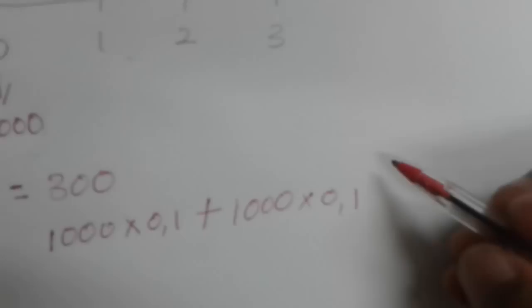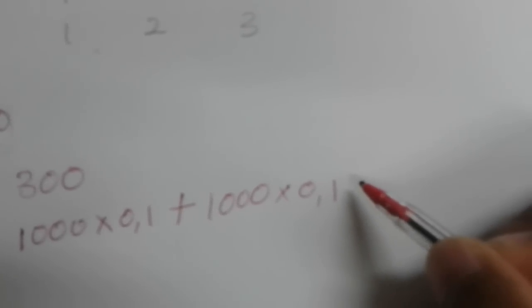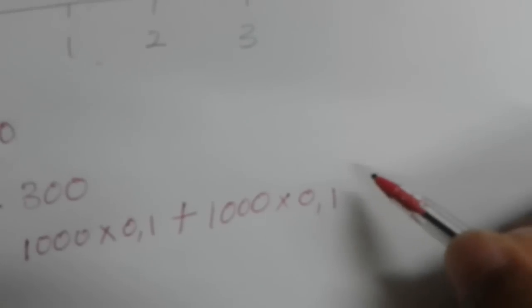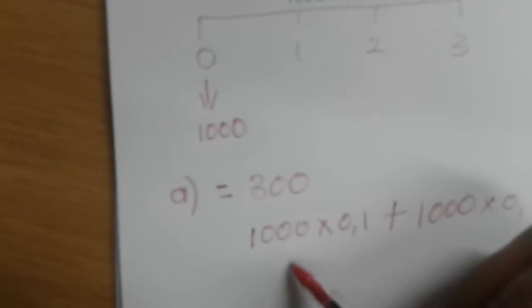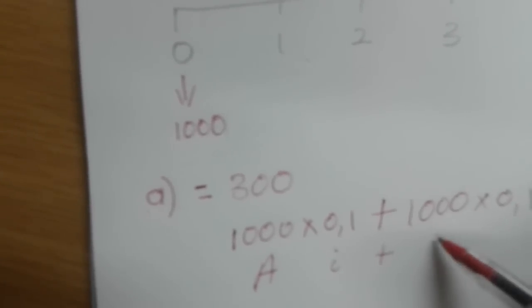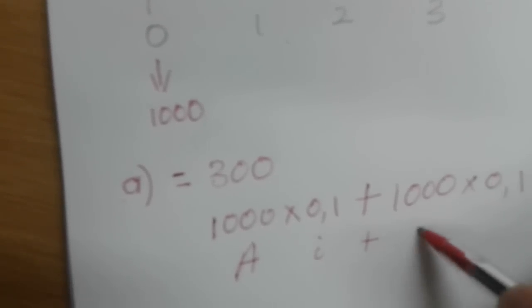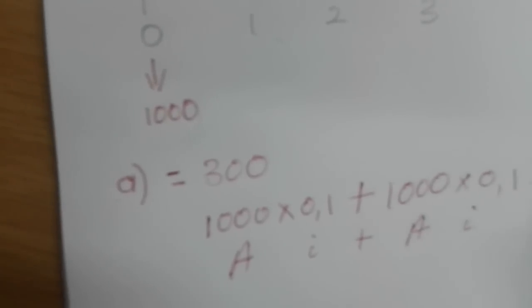And then again here plus 1000 times 0.1. Now remember, this is your A, this is your i, plus this is your A, again this is your i, plus again this is your A, this is your i.